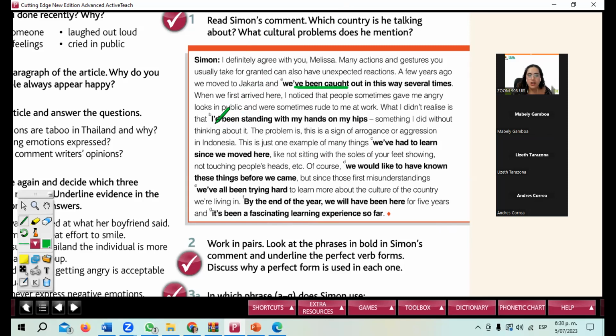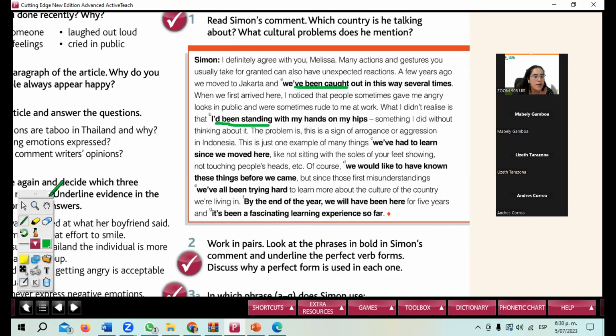Can you tell me the words exactly? What are the words that belong to the structure? Had been studying? Yes, had been standing. Very good. This is had been standing, and this is the present perfect continuous.